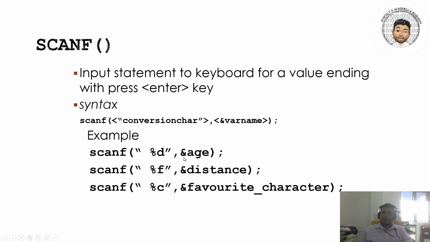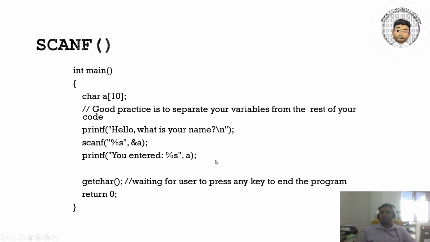So the ampersand represents the memory location of age, of distance, of every character. All the data you key in on your keyboard will be stored in the memory location of age or distance or every character. That's why we put the ampersand here, because we want to represent memory location.